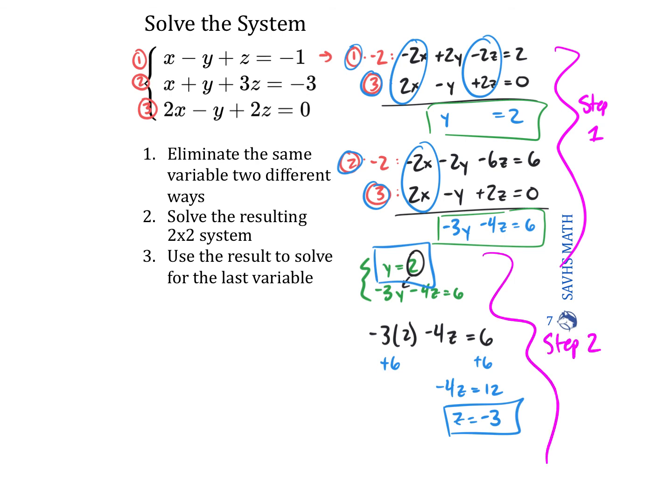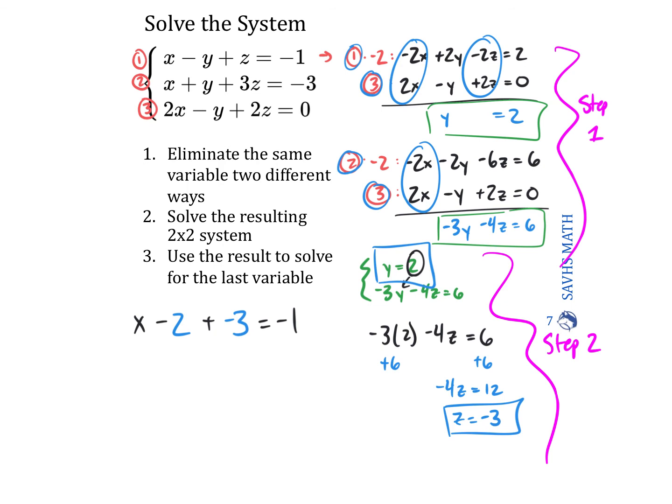Step 3 is just going to be solve for, I guess I need to know what x is, right? So I don't know what x is yet. So I'm going to do the first equation. It doesn't matter again, but I'm just going to use that one. x, and then I know that y is 2, so I'm going to write minus 2, and then plus z is negative 3, and then I get equals negative 1.